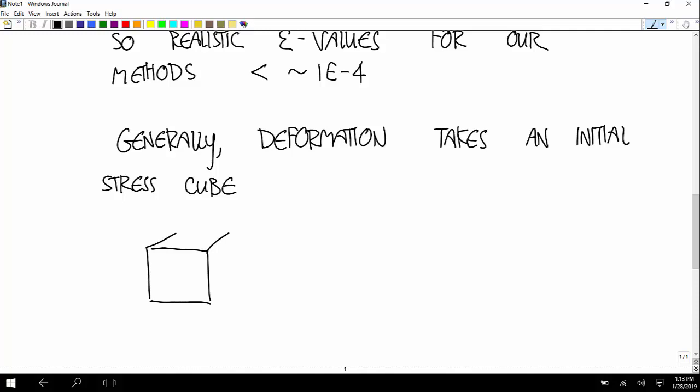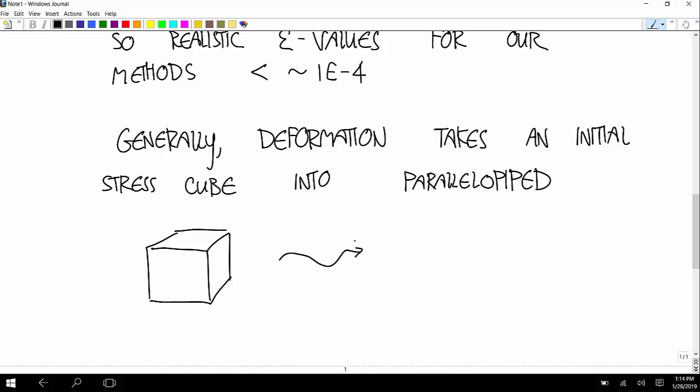We'll start out with all the lengths being the same, and it'll turn it into a parallelepiped.